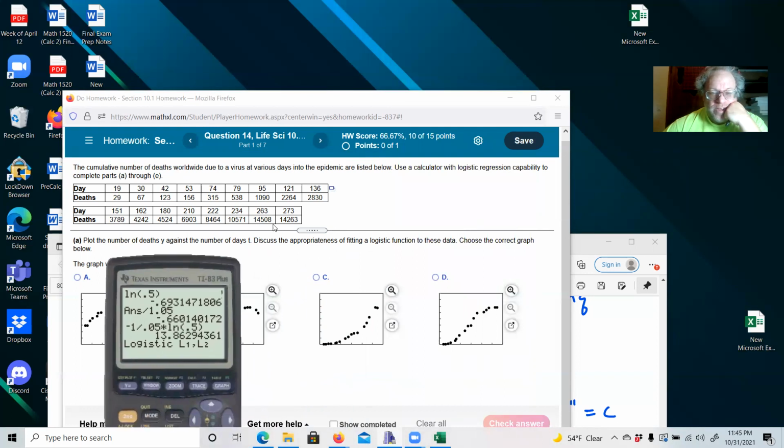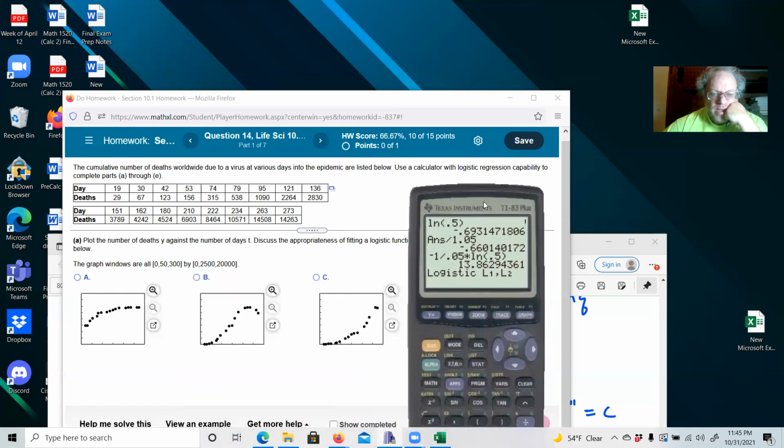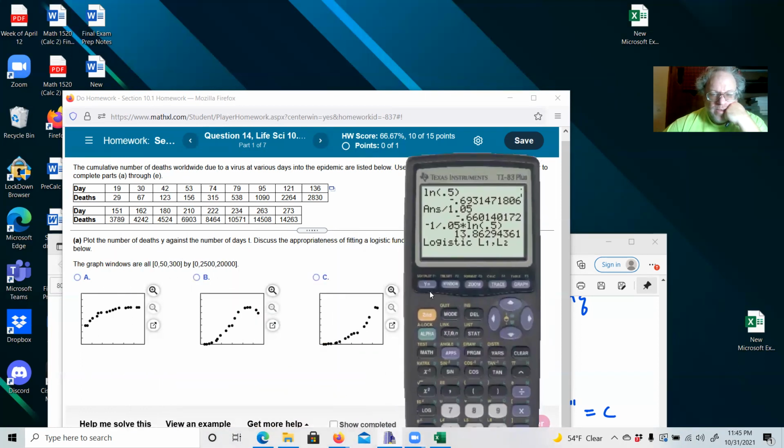It's increasing, right? So it should look something like this one. We'll see what D is. Like I said, an 84 is going to be a little bit better. There it is. That's the model for logistic regression. It's a little bit of algebra.